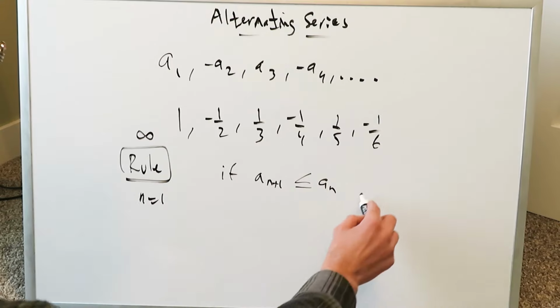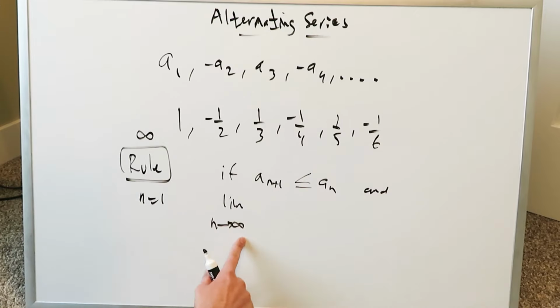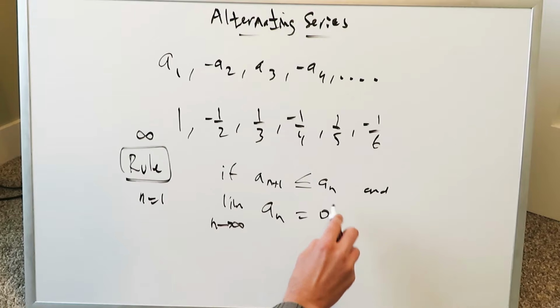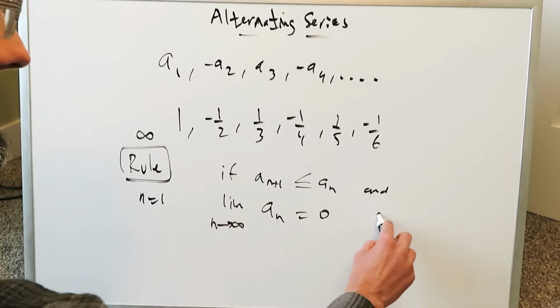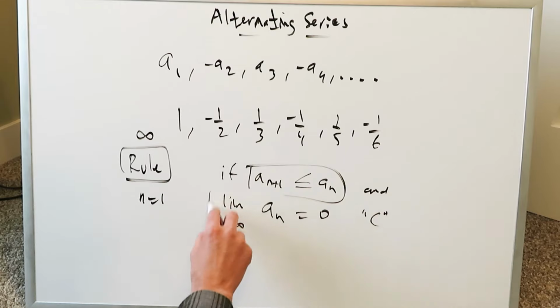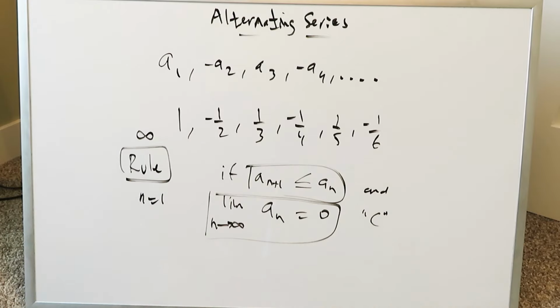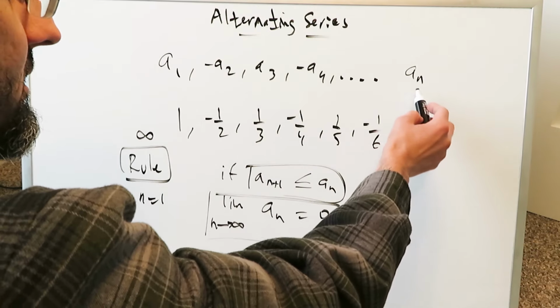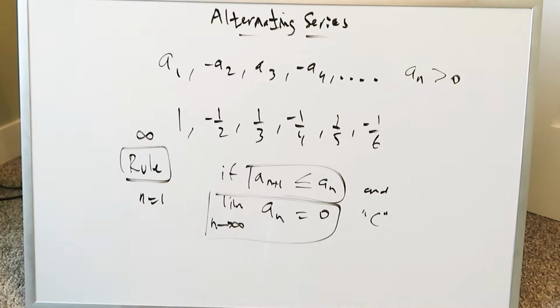If this is your one condition, and the limit as n approaches infinity of this specific item over here zeroes out, you're looking here at a series which is convergent. If you don't meet these two specific items of this alternating series test, then you see divergence. And this applies here for all instances where a sub n, your nth term, is always greater than 0.